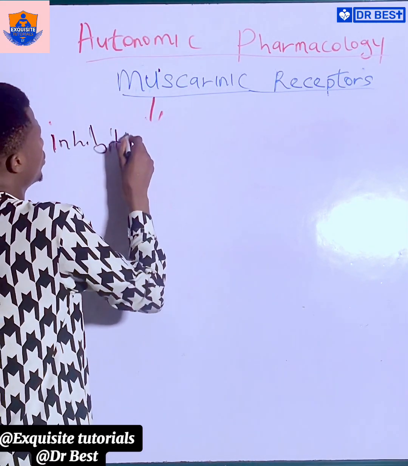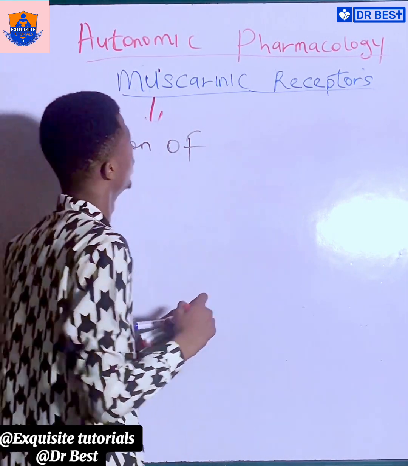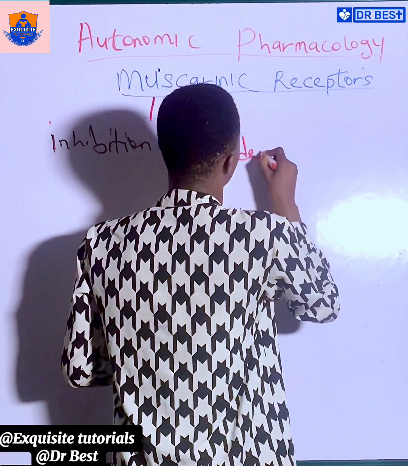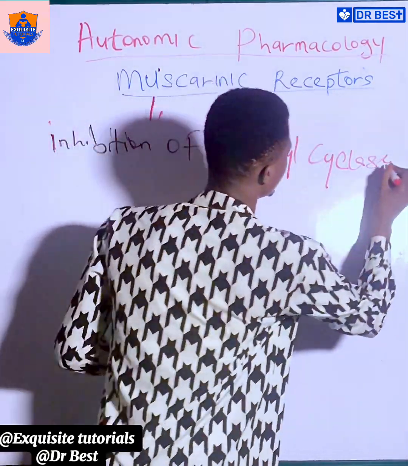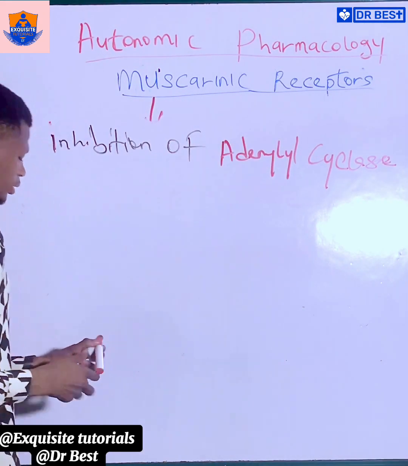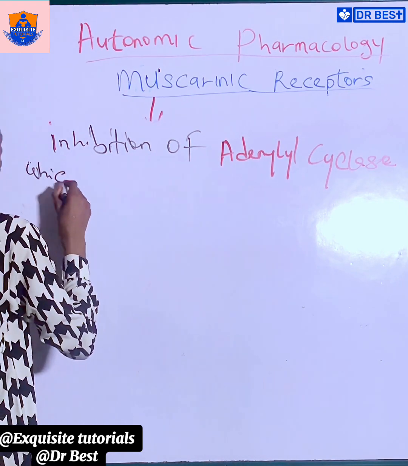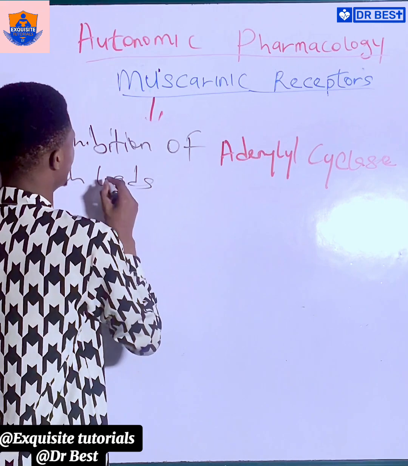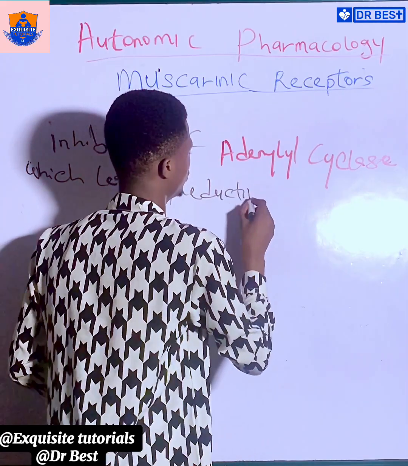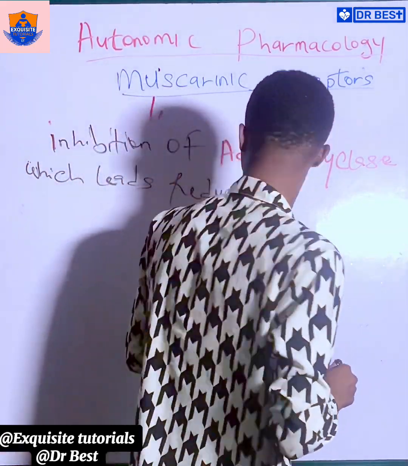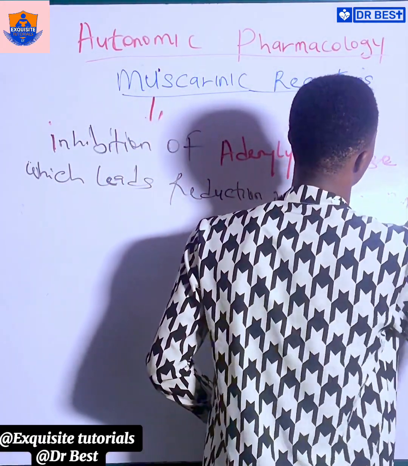On the other hand, they can cause inhibition of adenylyl cyclase. Now, the inhibition of adenylyl cyclase leads to a reduction in cyclic AMP.